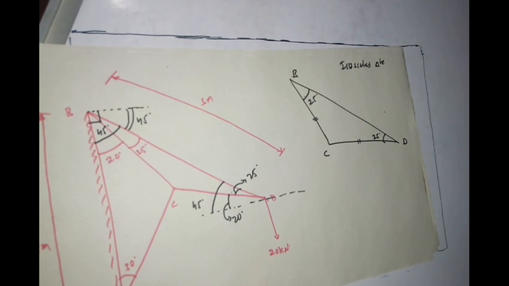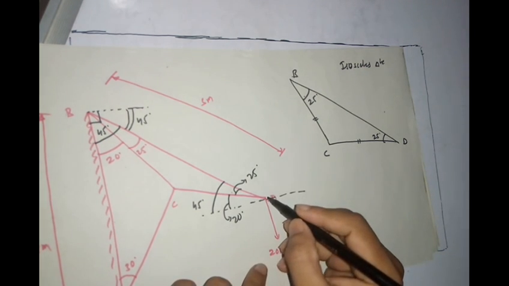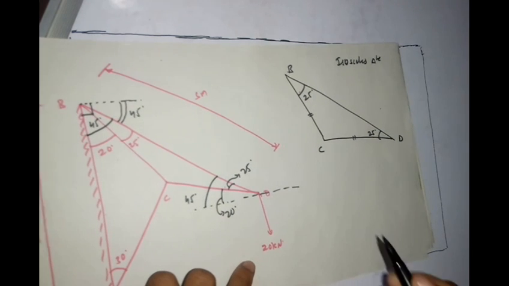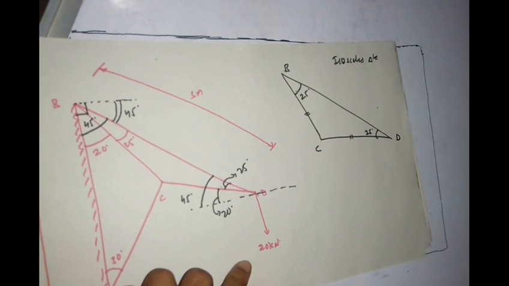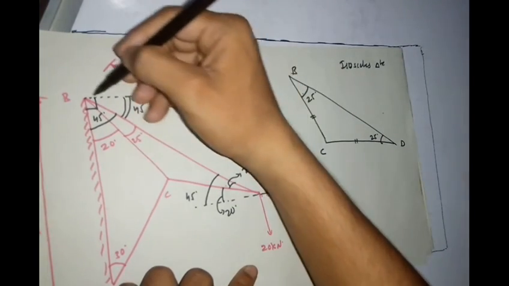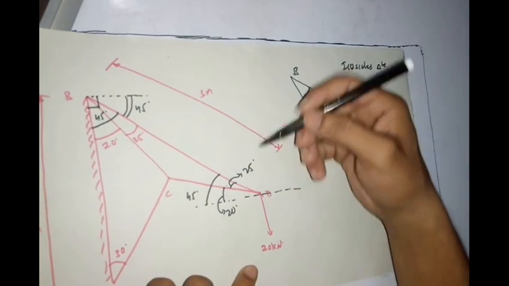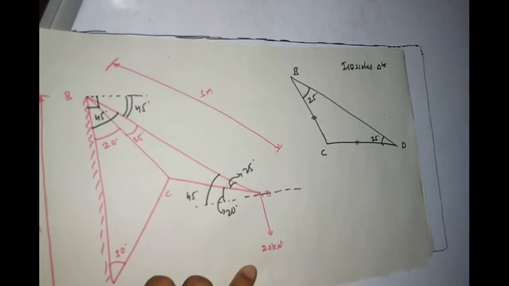Now what you have to do is select this point D, then draw the free body diagram here. Next use the equilibrium equations. We will get the tension in member BD and tension in member CD.